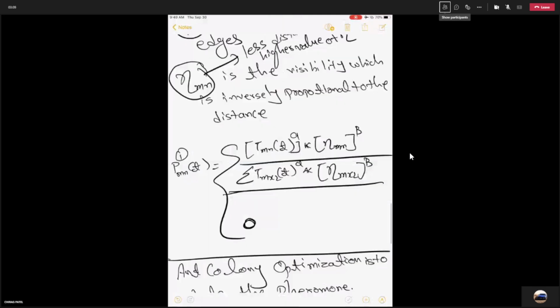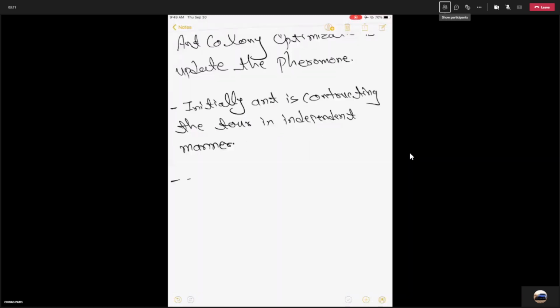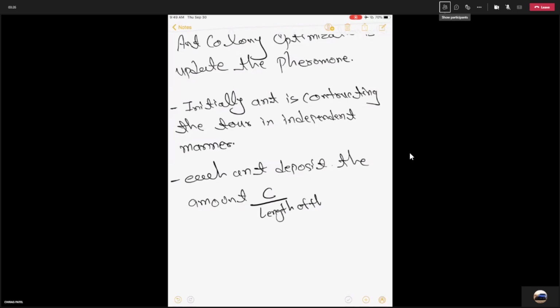Then each ant deposits the amount C by length of the tour. You know why I had taken C?